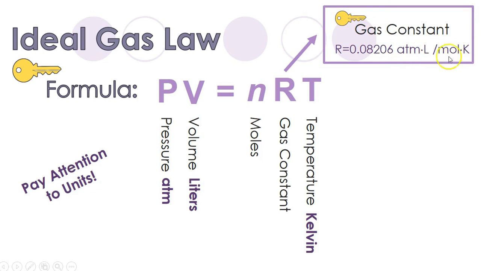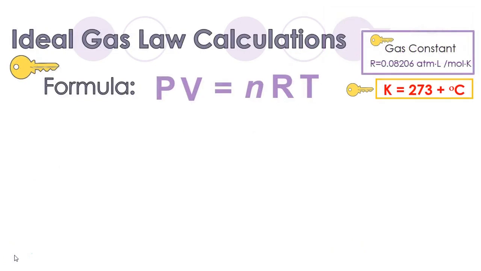Because if you take a look at the units for the gas constant, it's atm liter divided by mole Kelvin. In order to use the gas constant, each of these other variables have to be in the proper units. If you don't remember how to change temperature to Kelvin, don't forget that you just have to add 273 to our degrees Celsius. Let's take a look at some example problems.